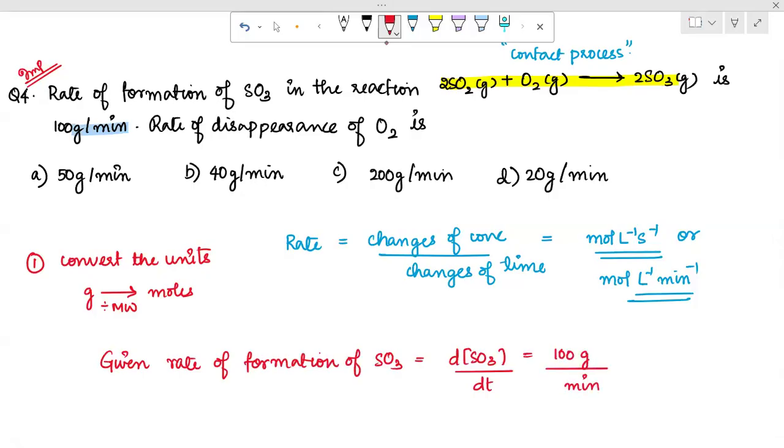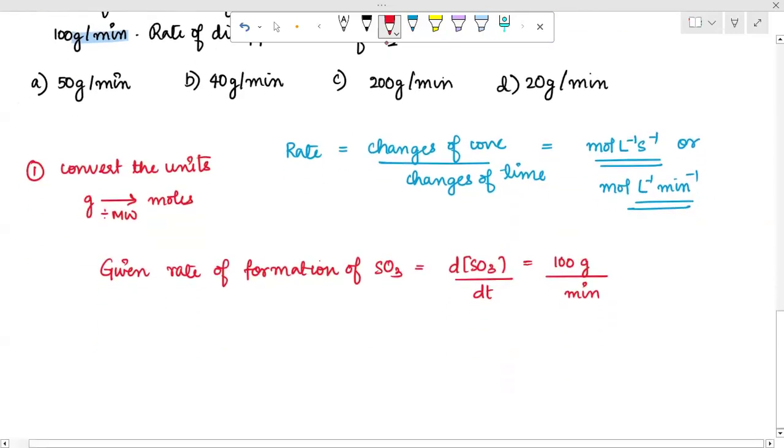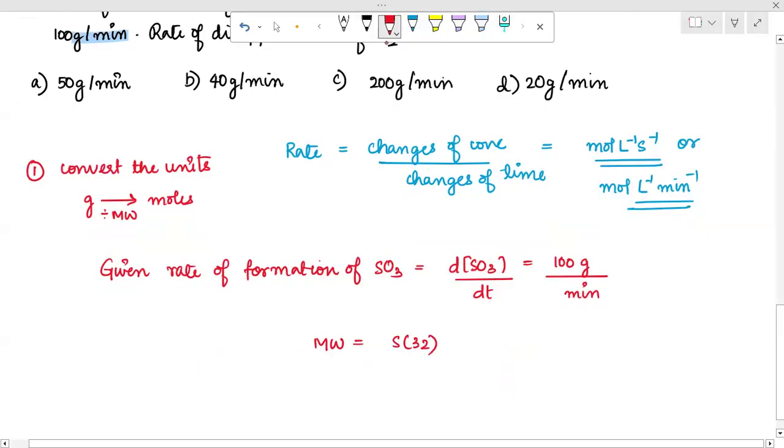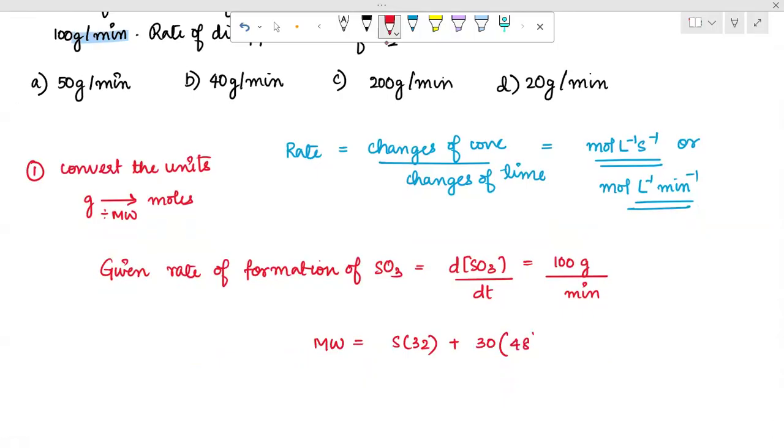We need to convert this grams to moles, for which you have to divide it by the molecular weight. Now, what is the molecular weight? Molecular weight is just the sum of the atomic masses of sulfur and 3 oxygen. So sulfur is 32 and you have 3 oxygen. 1 oxygen has got a mass of 16 units. So 16 into 3, 48.